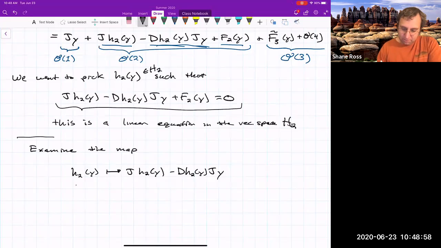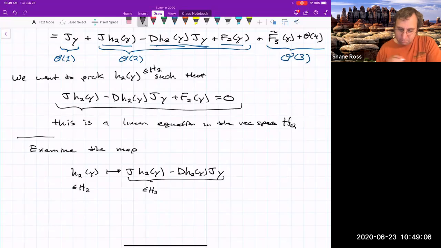This part over here is in capital H2, and so is this part. So this is a map from H2 into H2, and it's linear.